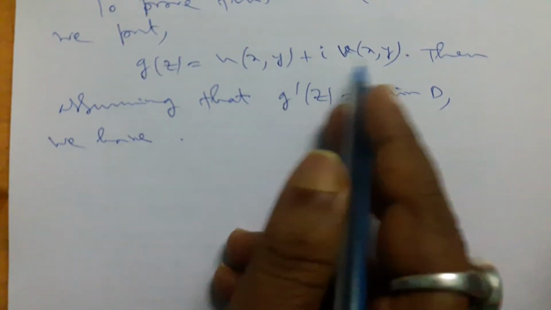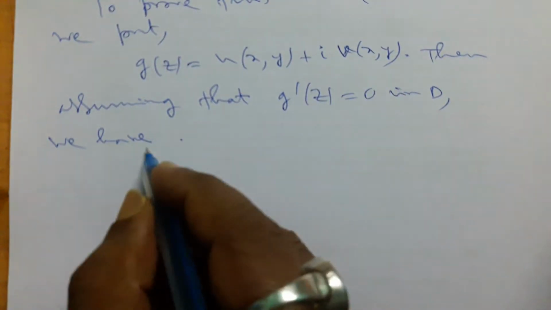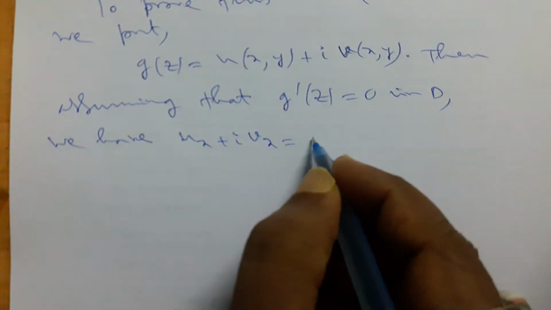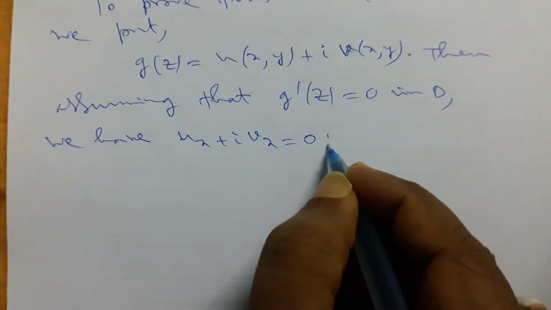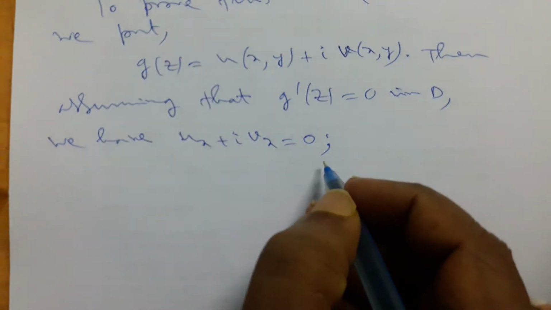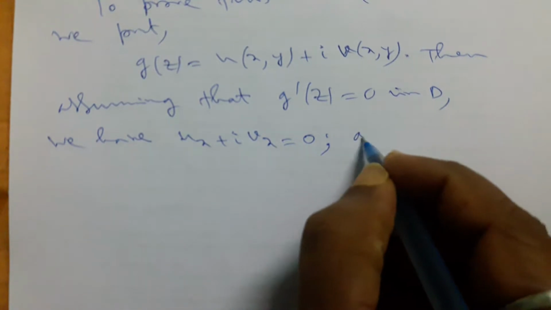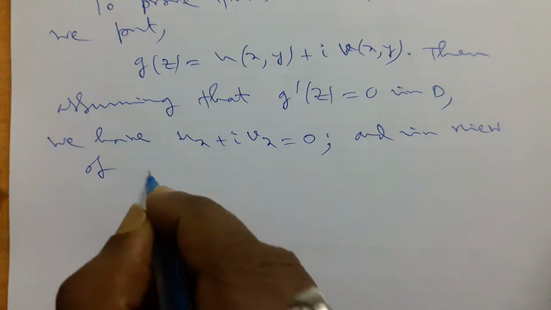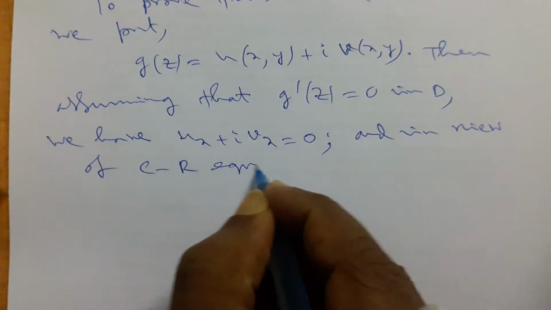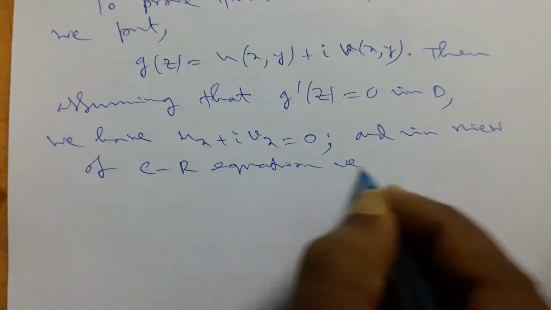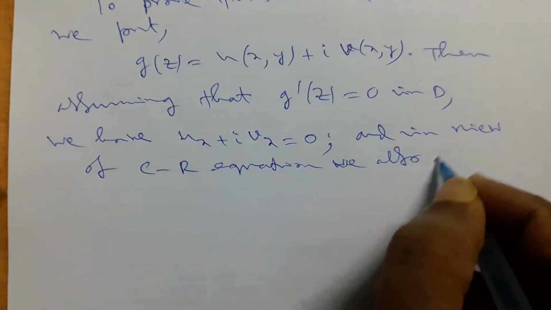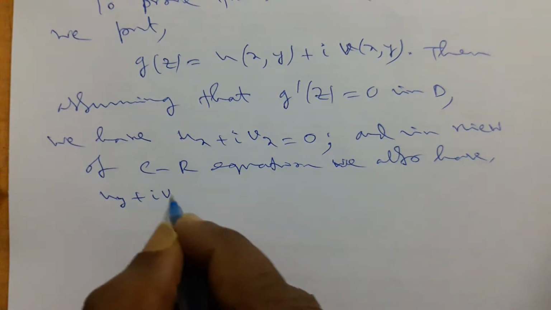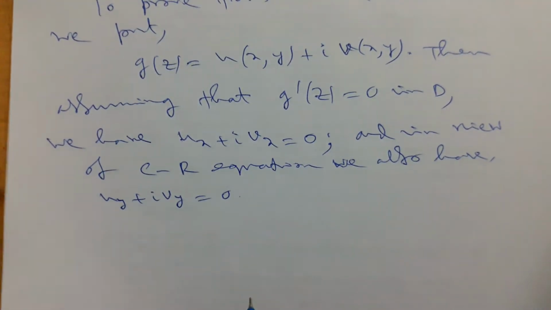by simply calculating with respect to the variable x, u_x plus i v_x equals 0. And in view of the Cauchy-Riemann equations, we also have u_y plus i v_y equal to 0.